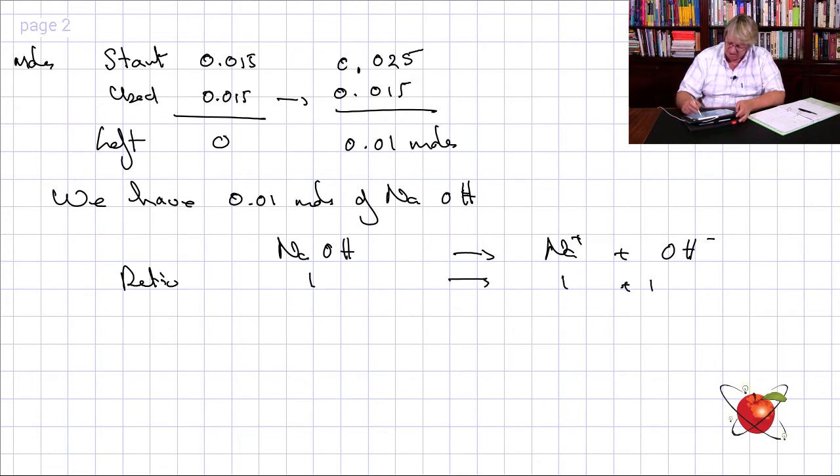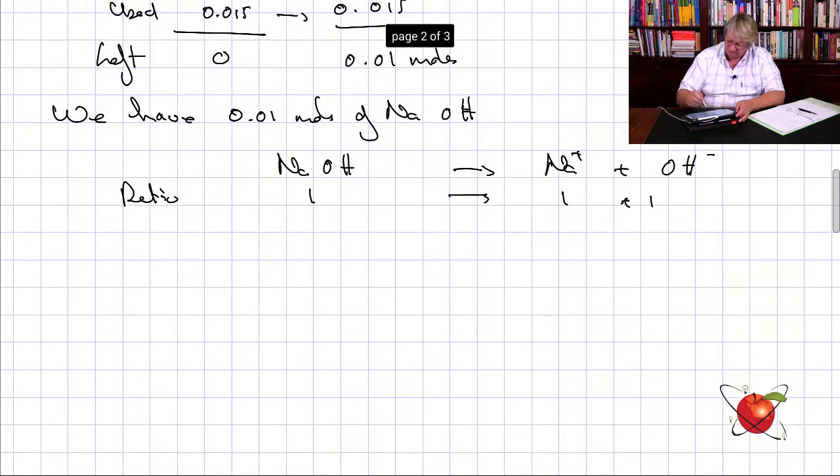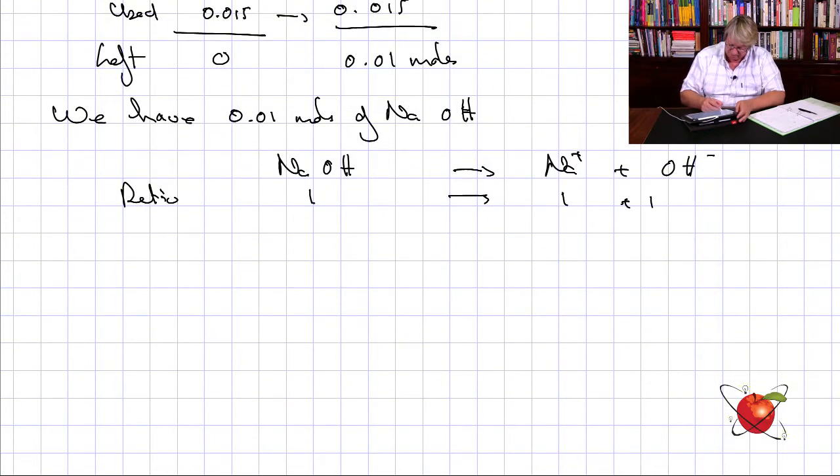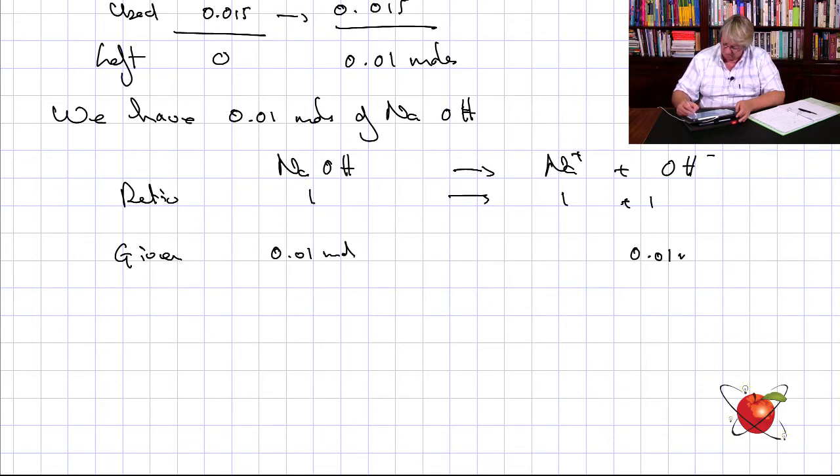All right. Let's now put in what we are given. Given 0.01 moles. Therefore, how much OH do we get? 0.01 moles. Why? Because we've applied the recipe because we're at number of moles. Right? So where does that leave us?